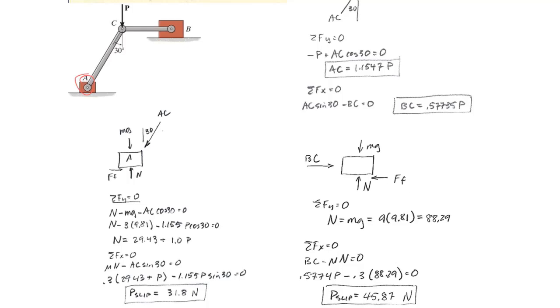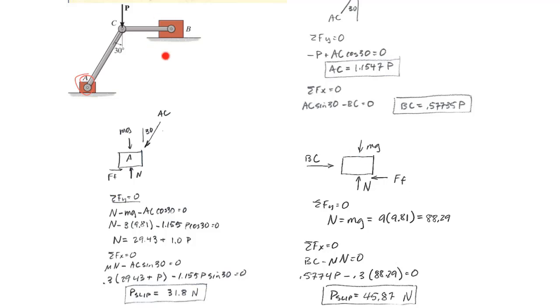And I can find out what P it takes to make this one slip, which you've done. Again, you can walk through the arithmetic and make sure that you understand it. It takes 31.8. A value of 31.8 here will make this one slip.